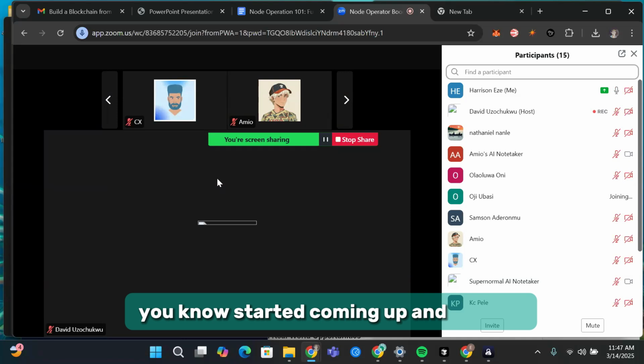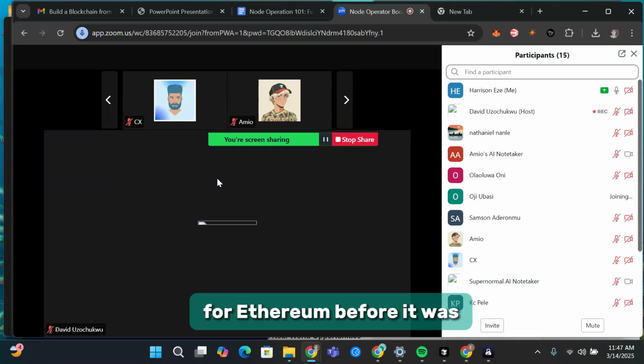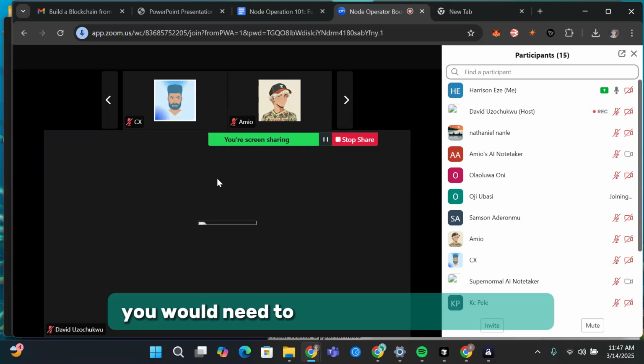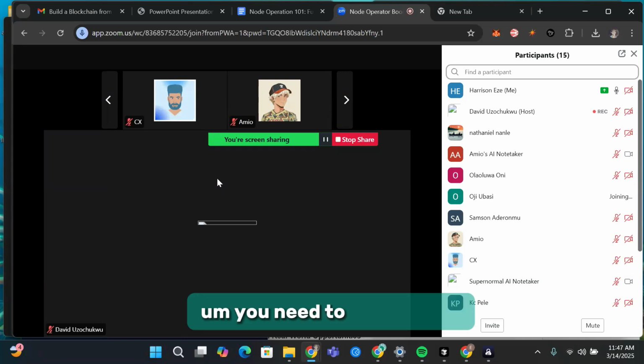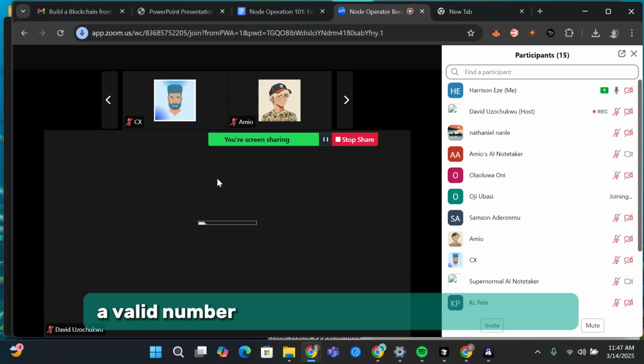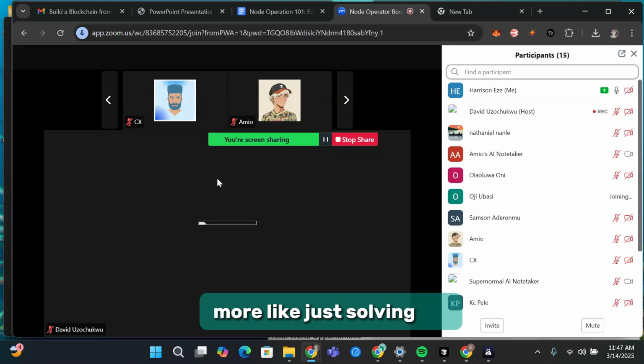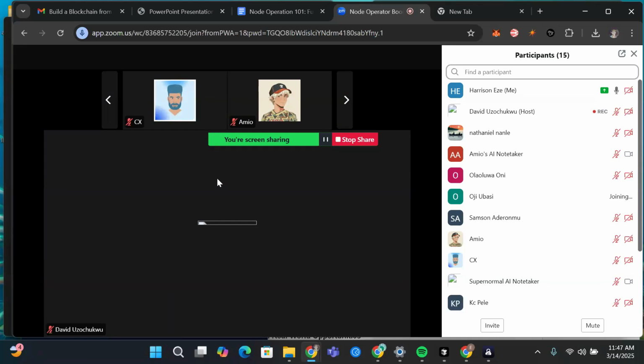And then for Ethereum, before, you would need to solve a mathematical puzzle. You need to find a valid number that would crack a particular code. More like just solving compute, or computing basically.